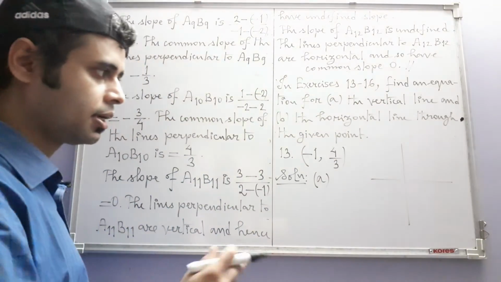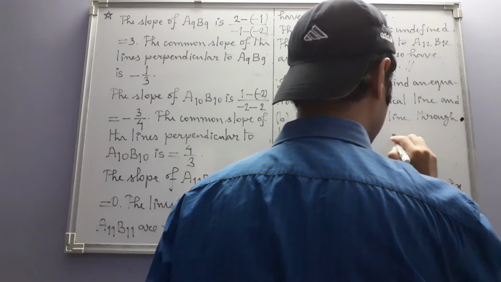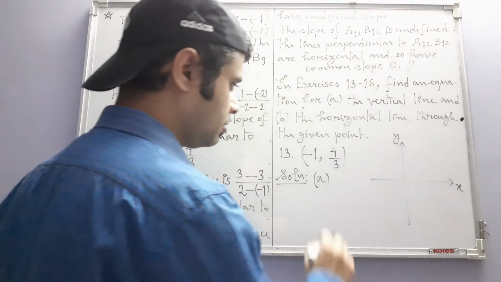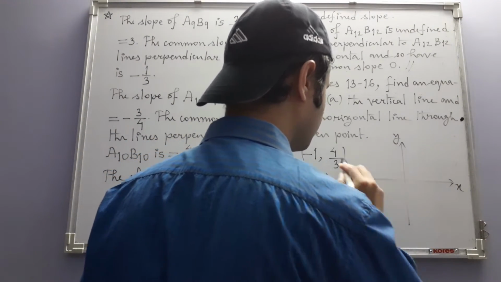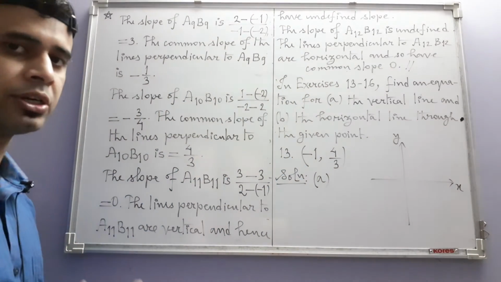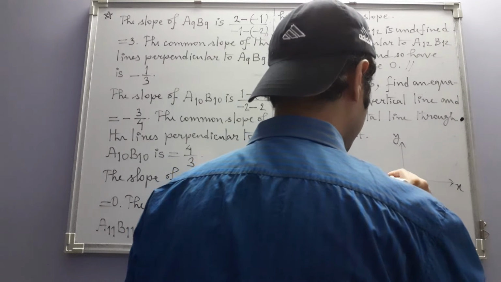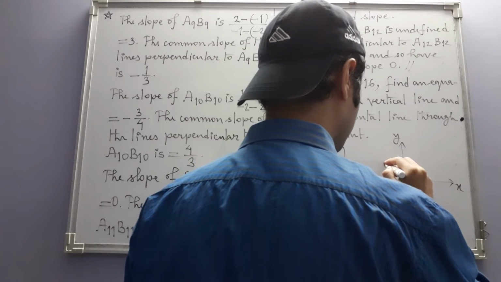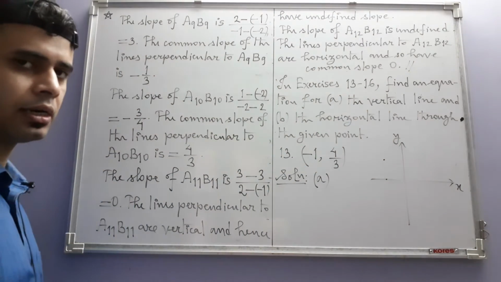These are the coordinate axes. Okay, this is x-axis, this is y-axis, and -1 comma 4 by 3, 4 over 3 is 1 point something, slightly greater than 1. So say we have -1 here and 1 here, so we will have the point here roughly.